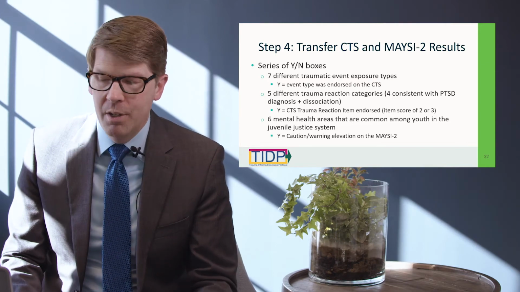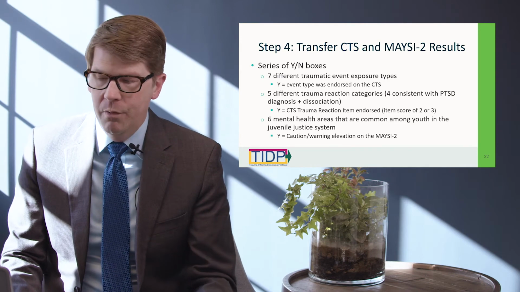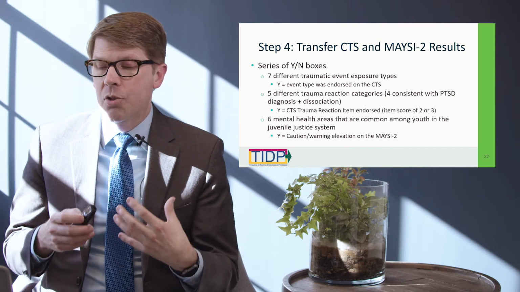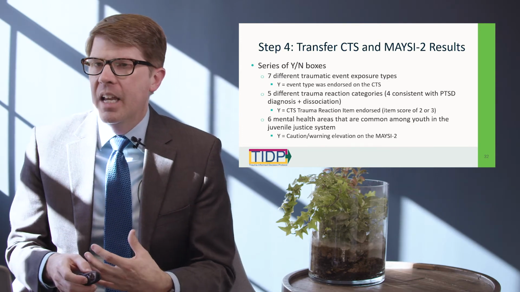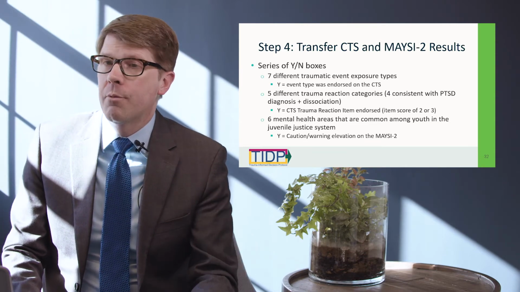Across the 5 different types of trauma reactions, you're going to be circling yes on the TIDP form when the CTS trauma reaction item is endorsed at either a 2 or a 3.